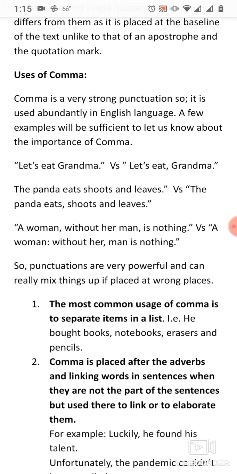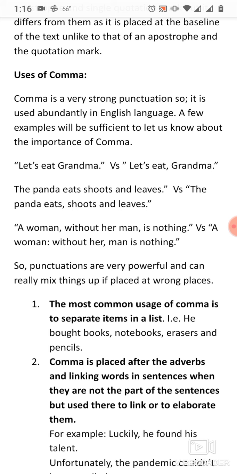What is the function of comma? So there are a few sentences. Look, let's eat grandma. Let's eat grandma. If there is no comma after let's, look, let's eat grandma. Look at the meaning of these two sentences.